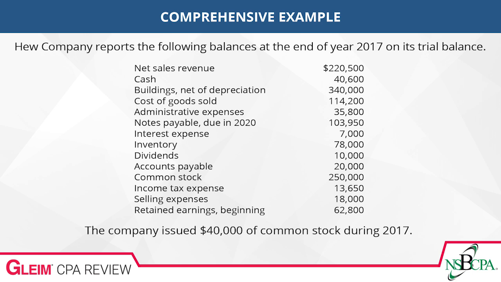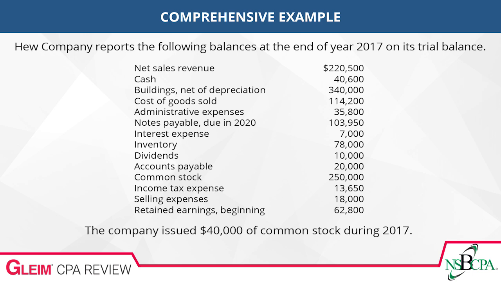The balance won't be updated until the period's closing entries are recorded. Then it will reflect the ending balance of retained earnings. If you need to refresh on the accounting cycle and the process of preparing a trial balance and closing entries, study our video on that topic.